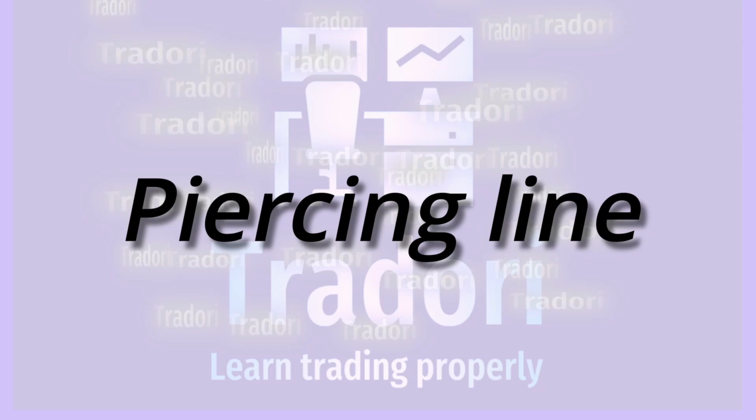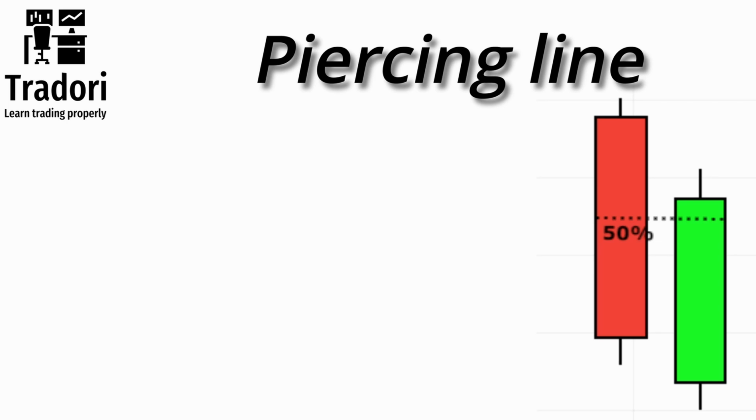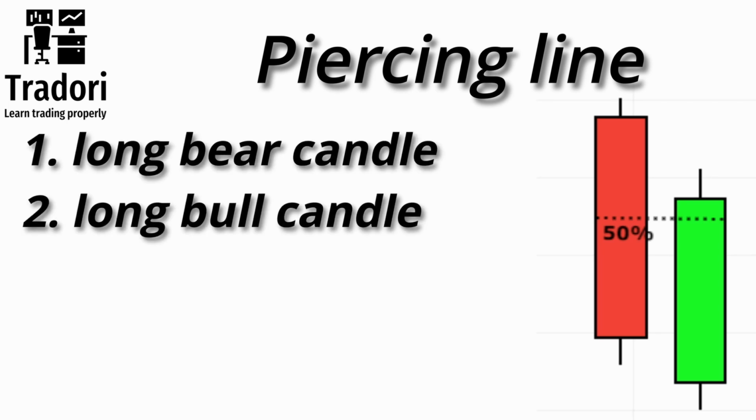Piercing line. The piercing line is also a two-stick pattern, made up of a long bear candle followed by a long bull candle. There is usually an obvious gap down between the first candlestick's closing price and the second candlestick's opening. It indicates a strong buying pressure, as the price is pushed up to or above the mid price of the previous candle.